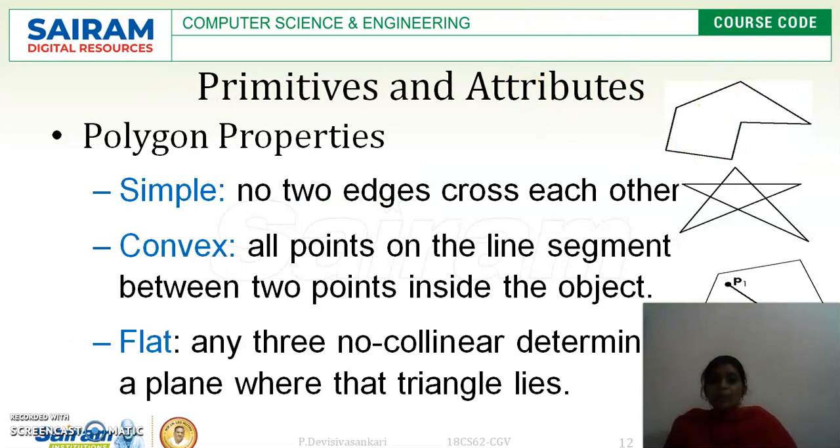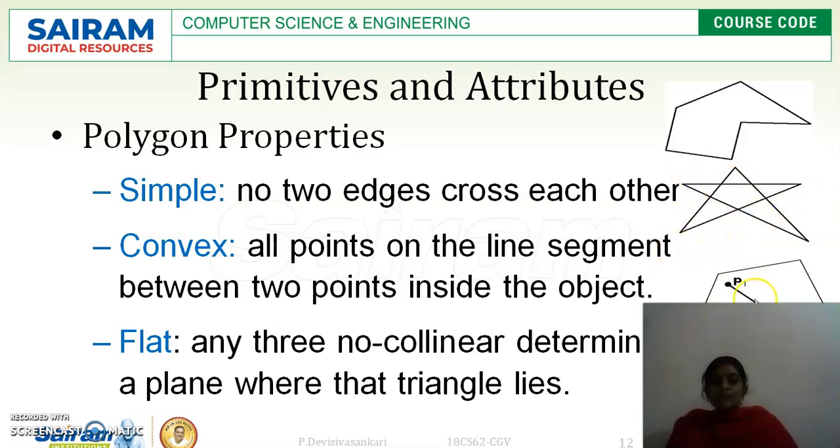And the polygon properties. Here we have 3 different types of polygon: simple polygon, convex polygon and flat. The simple means no two edges should cross each other. So this object is an example of a simple polygon. And next, non-simple: see, this is a non-simple object, because the edges are crossing each other, right?